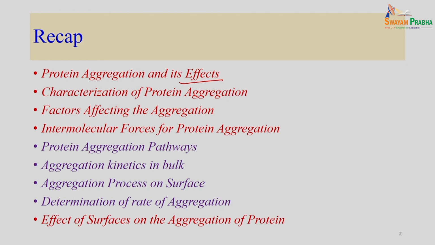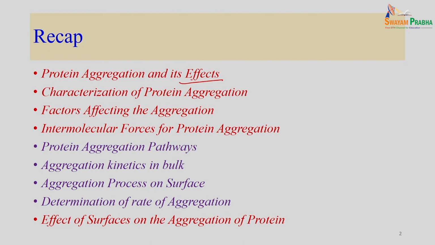Then we discussed how we can characterize the protein aggregation in terms of fluorescence intensity, then residual protein concentration, then hydrodynamic size of the aggregate, and morphology of the aggregates. Then we quickly discussed the different factors affecting the aggregation of a protein in the bulk, also in the presence of surface.